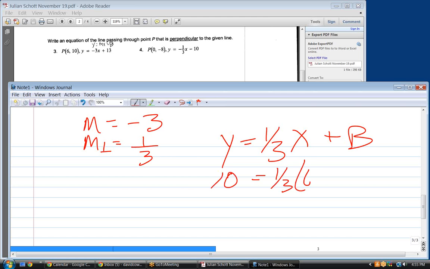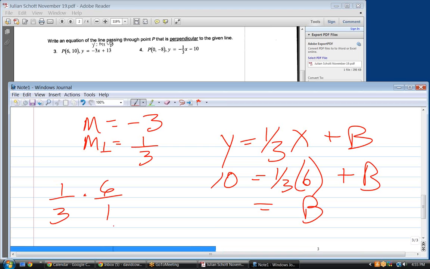So 10 equals 1/3 times 6 plus b. And then what does b equal? So 1/3 times 6 over 1.